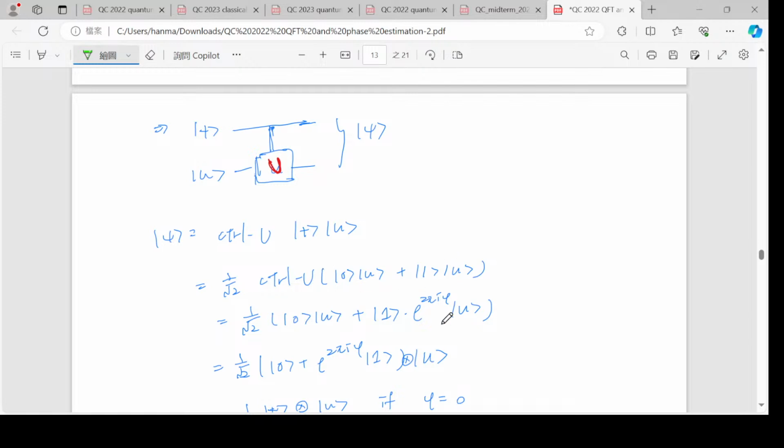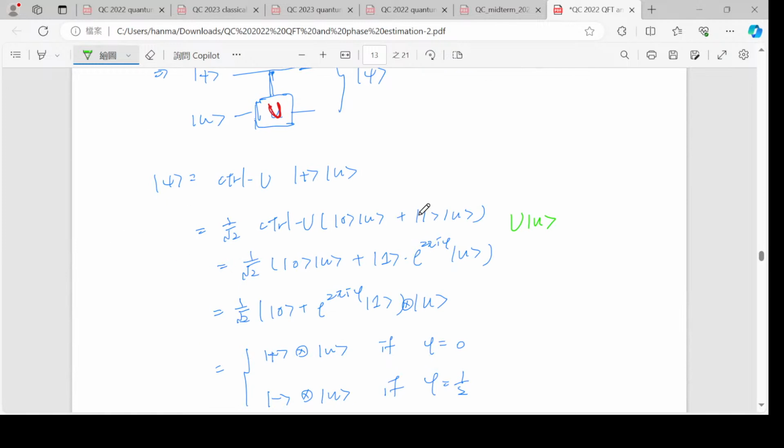And if it's 1, then you actually apply U on the second register's state, right? So here you should get this Uu thing. Then what's Uu is you should have this e to the 2 pi i phi u. And by definition this is the eigenvalue, e to the 2 pi i phi.